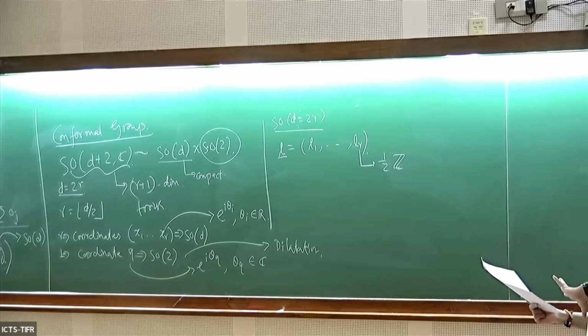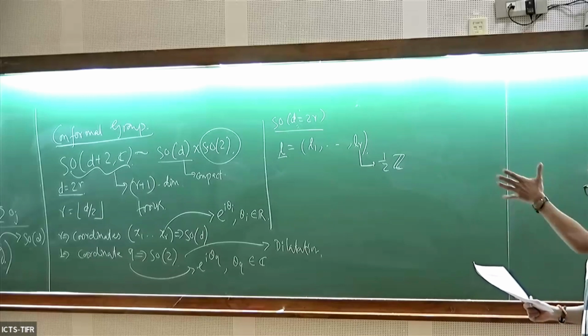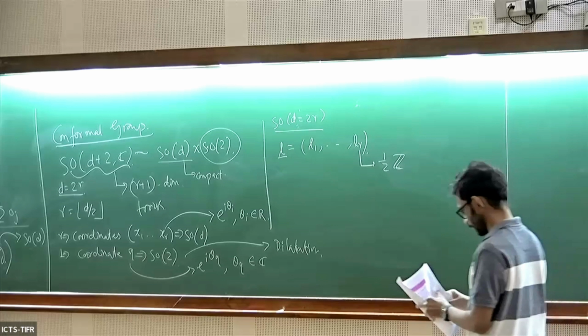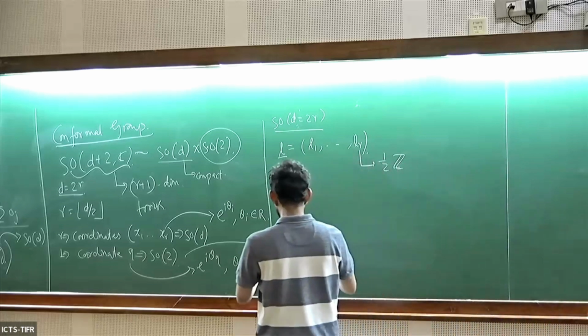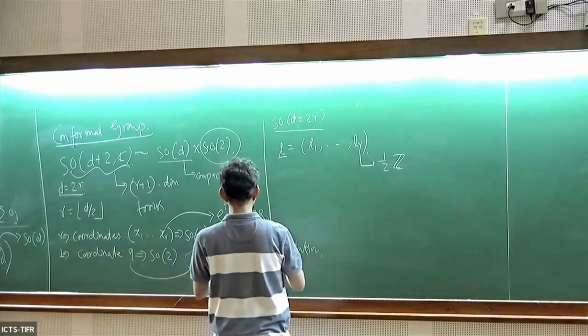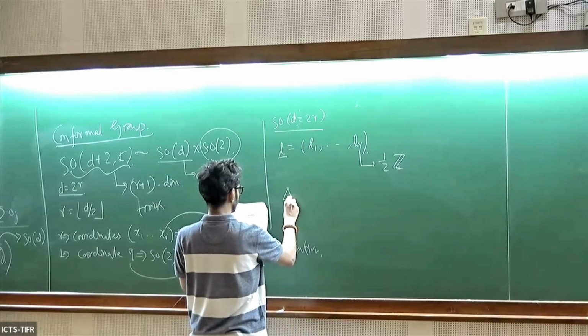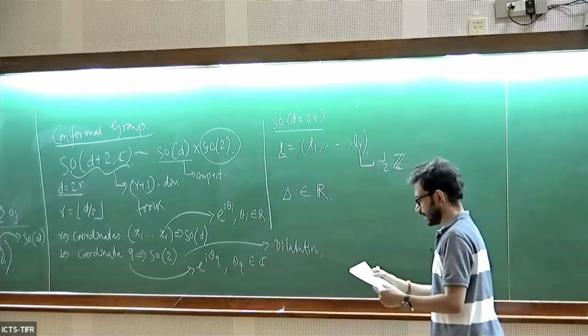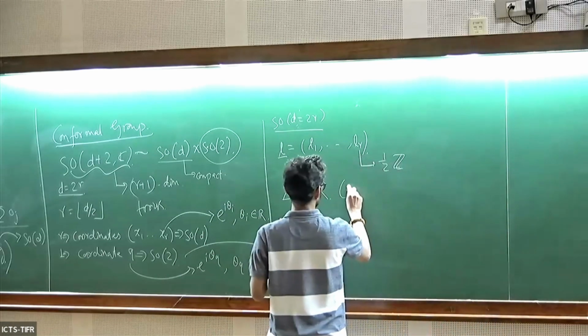If you think of it in a simply connected way, it's basically the spin group. These eigenvalues are basically my spins. Now the other scaling dimension is coming from the quantum number delta. That is basically a real number, and that's why it's continuous.